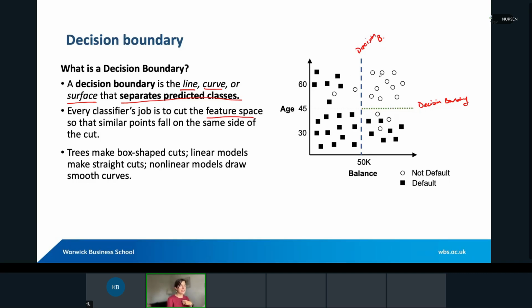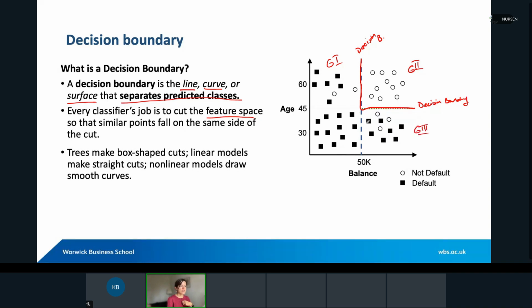As you see in here, at this particular space, we are going to predict as not default. So we divide the whole feature space, data points, into smaller groups in here. So this is, let's say, group 1, this is group 2, and this is group 3.